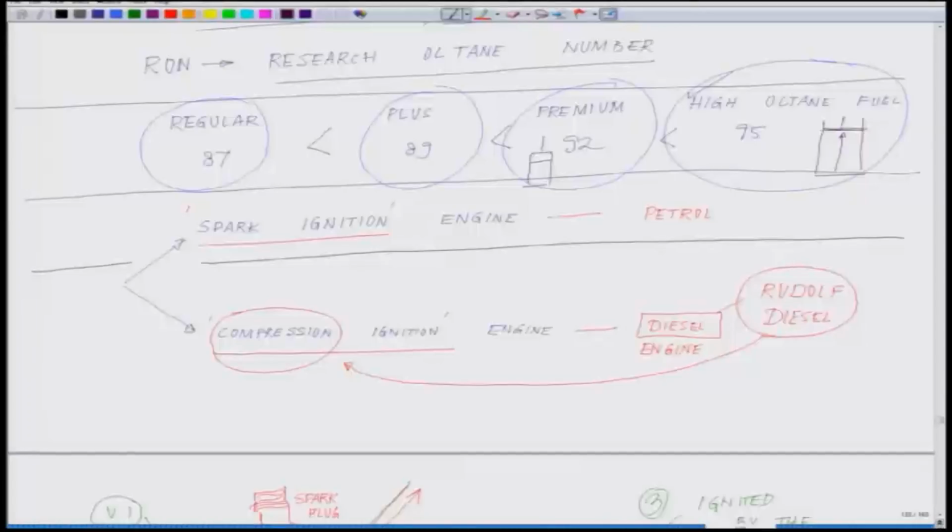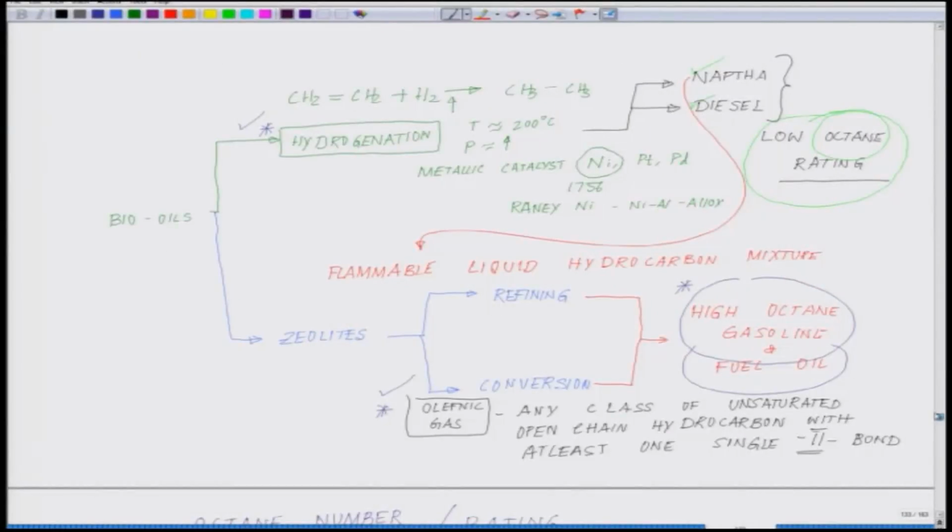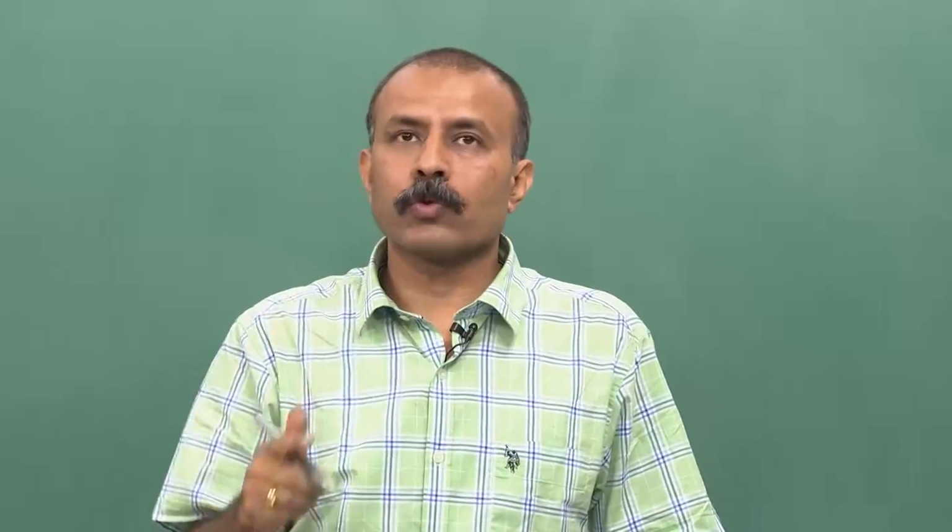And if you follow this picture, you see low octane rating, remember I told you, and high octane gasoline. It means when you are refining the bio oils with zeolites, and converting them using different kinds of zeolites through the nanoreactor concepts I told you, you actually can obtain very high octane fuel.